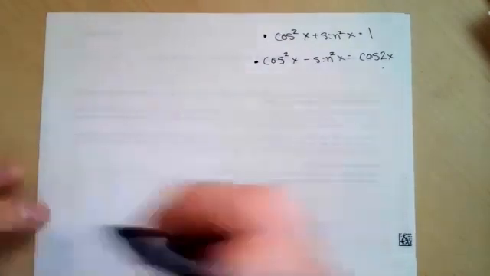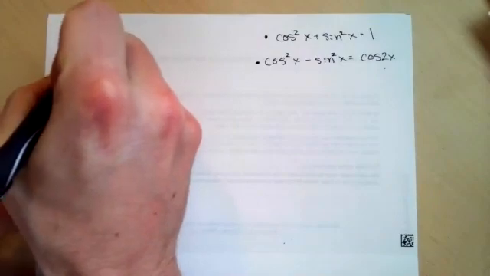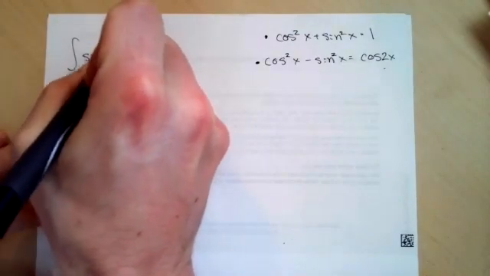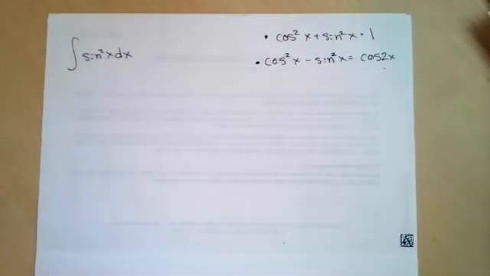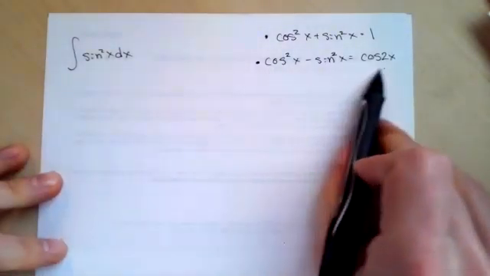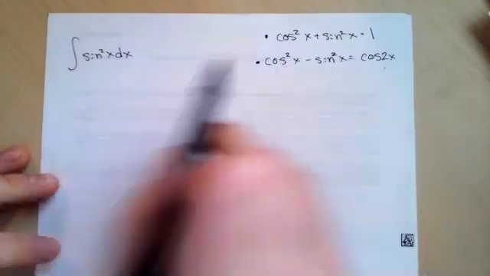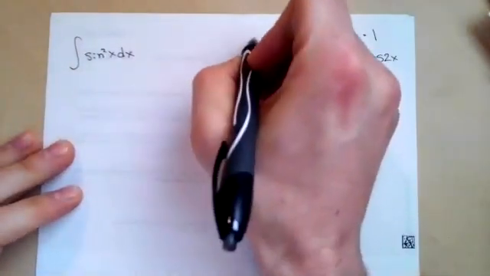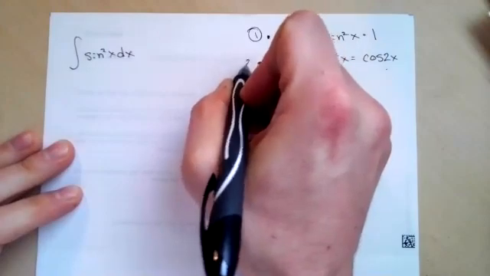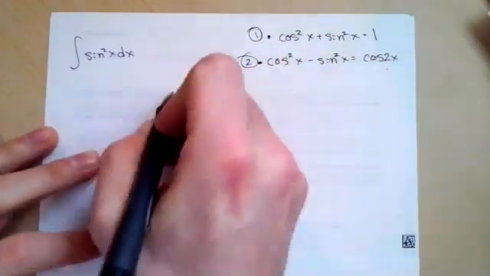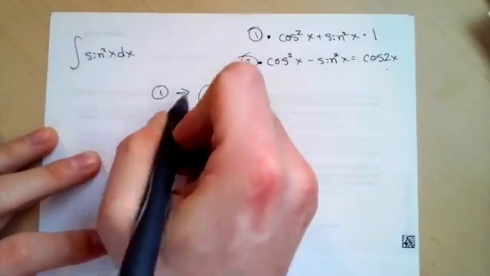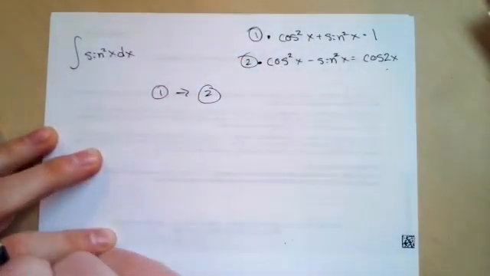So for example, when we want to do the integral of sine squared x, if all you remember are those 2 and your algebra skills are good, which they should be for Calc 2 students, and I want sine squareds, let's make everything in this equation, or at least on the left-hand side, sine squared. Let's label these 1 and 2. Let's take equation 2, and we'll put 1 into 2, converting our cosines into sines.